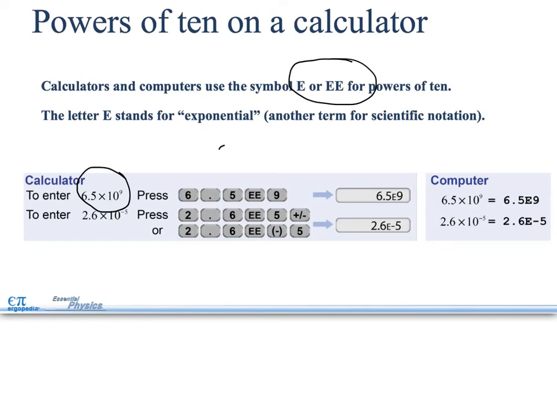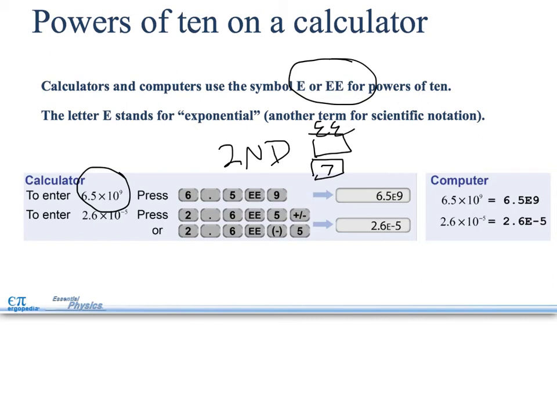A lot of times it's the second function of the button above the 7. Above that button, the second function is EE. And that's your exponent or EE button. So 6.5 times 10 to the 9th will look like this in your calculator.